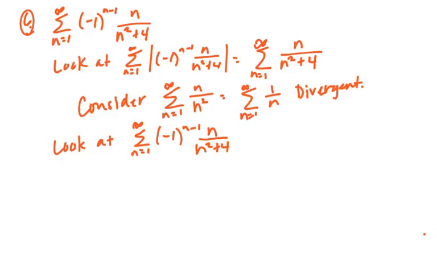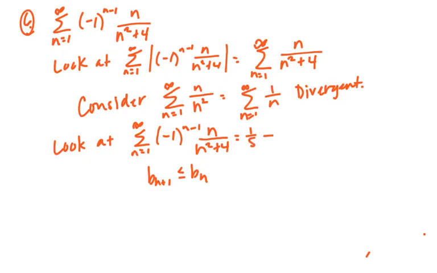And the alternating series, first of all, it should be decreasing. Let's look at a few terms. If we put in 1 for n, we have negative 1 to the 0 power, so it's positive, 1 over 5.